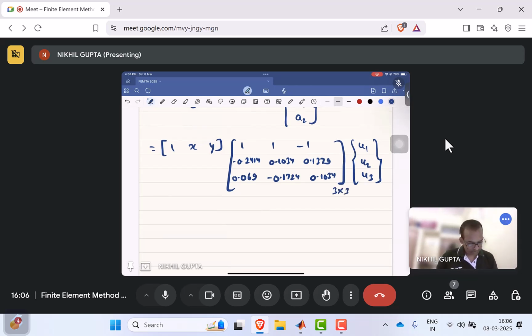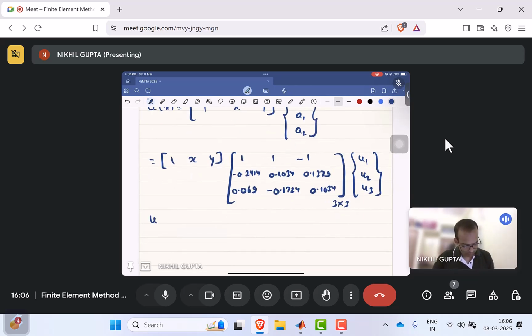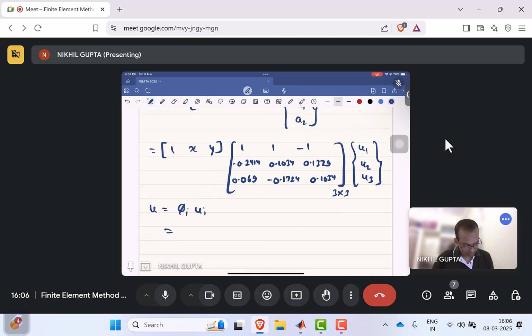Now since they have written in the problem phi i u i, this means phi 1 phi 2 phi 3 with u1 u2 u3.